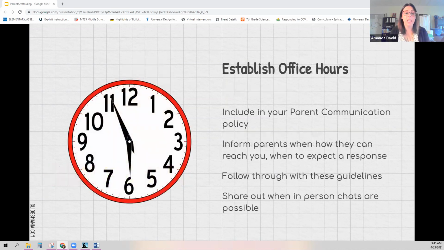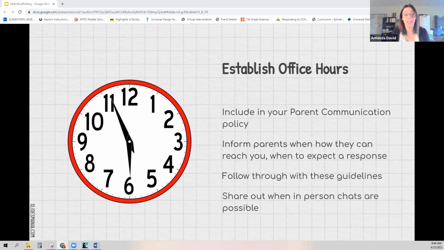Establishing office hours. So in your parent communication policy, including how they can reach you and when to expect a response. This way, you are not having parents email you 19 times in a day because you didn't respond within their timeline. If you are showing the timeline that you are physically able to respond because you are busy teaching, then they will be aware.